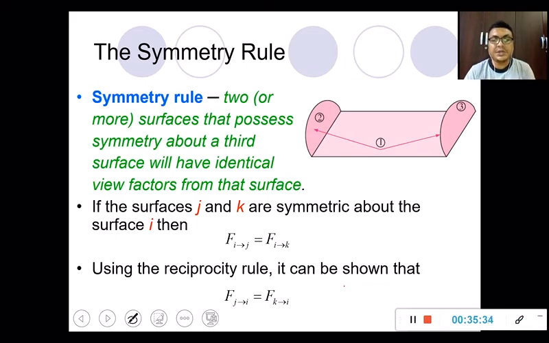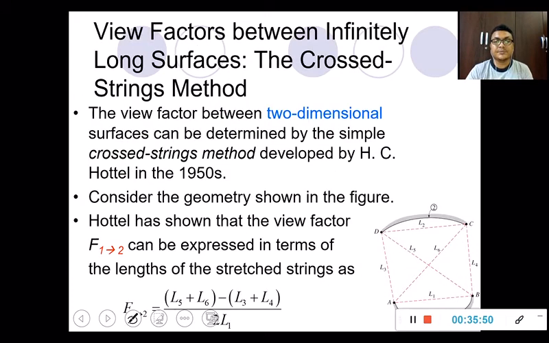If surfaces J and K are symmetric about surface I, then Fij is equal to Fik. Using the reciprocity rule, it can be shown that Fji is equal to Fki.